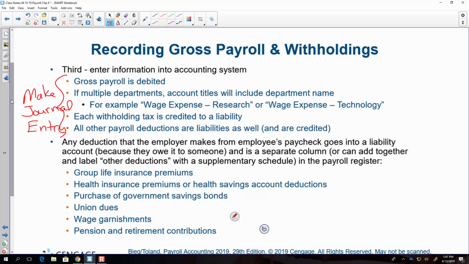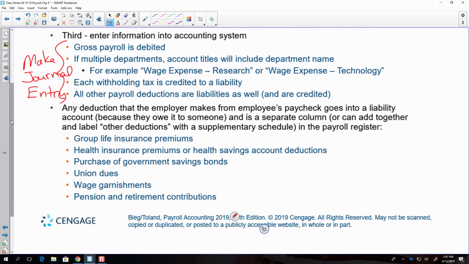And you can see here that we're not only recording the expense side, remember we have all these other deductions in addition to our tax deductions that have to be put into a liability account. So a current liability account.